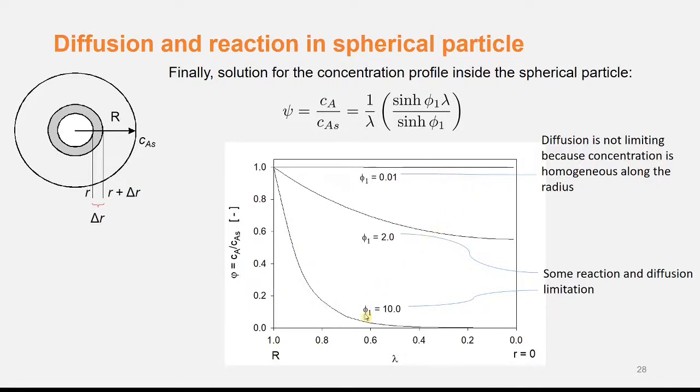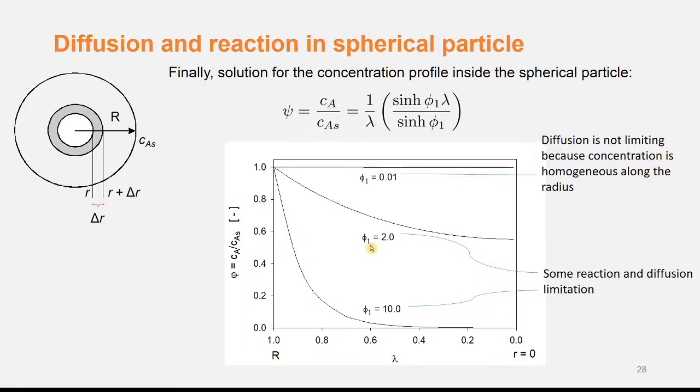At a very high value of the Thiele modulus, so say phi 1 equal to 10, the reaction rate is much faster than diffusion. So you can see that the concentration drops to nearly 0 halfway into the pellet because the reaction consumes all of the reactant before it can reach the inner parts of the pellet.